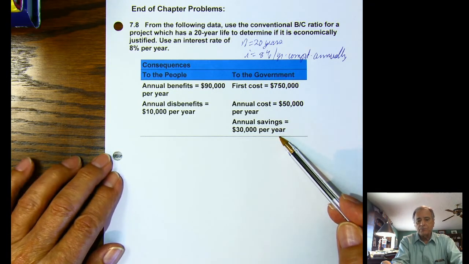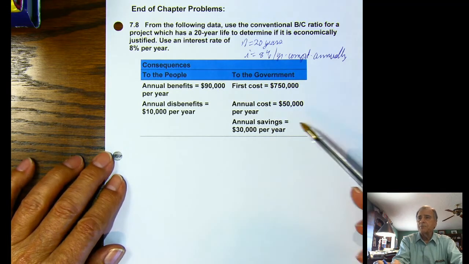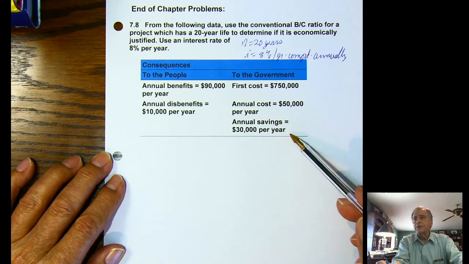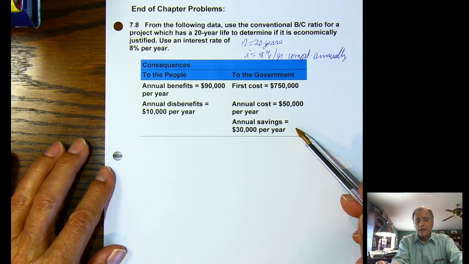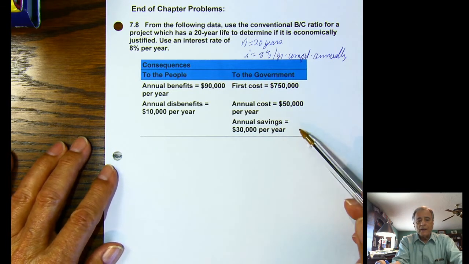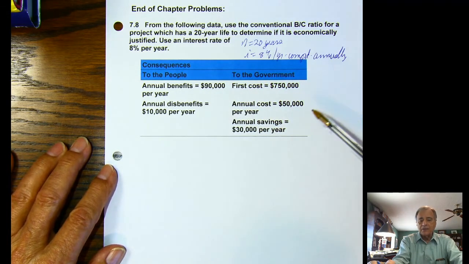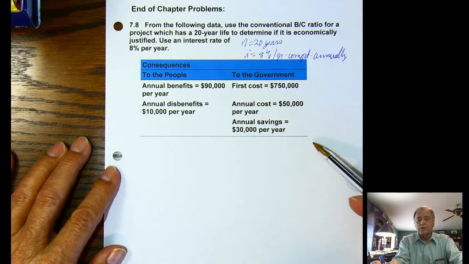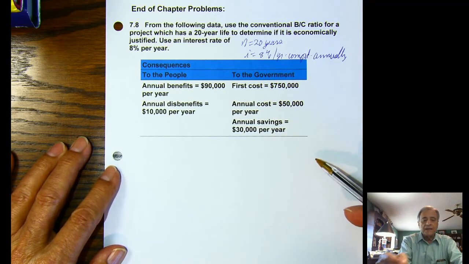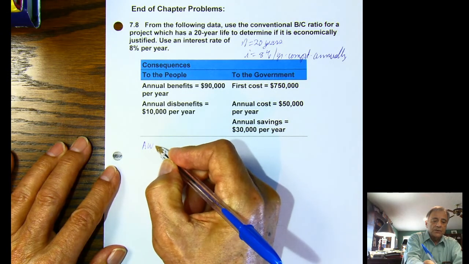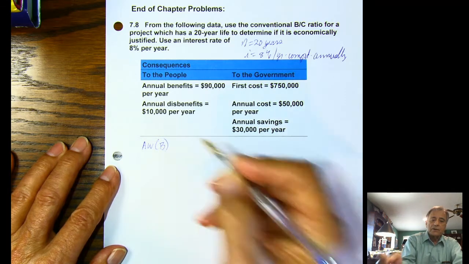So maybe this project is replacing some other project, and by replacing that other project, you're saving $30,000 a year. Most of these data given are annualized, so I'm going to work with annual worth of benefits divided by annual worth of costs. So I want to find the annual worth of the benefits to start with.